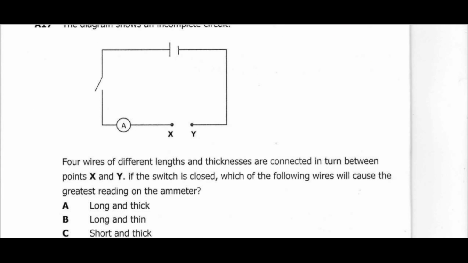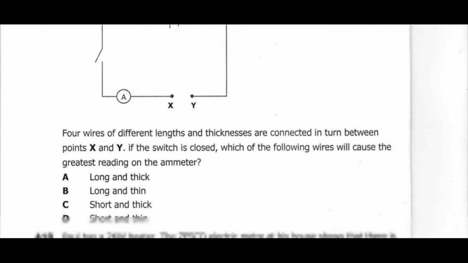The diagram below shows an incomplete circuit. 4 wires of different length and thicknesses are connected in turn between points X and Y. If the switch is closed, which of the following wires will cause the greatest reading on the ammeter? For the greatest reading, what is the ammeter?